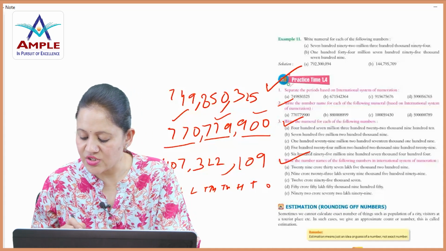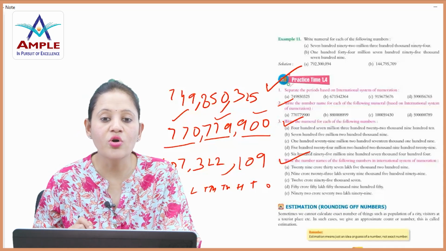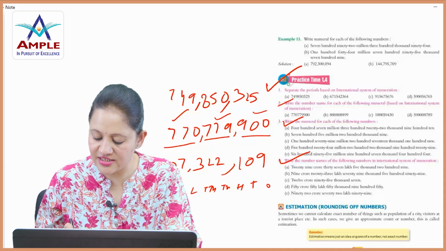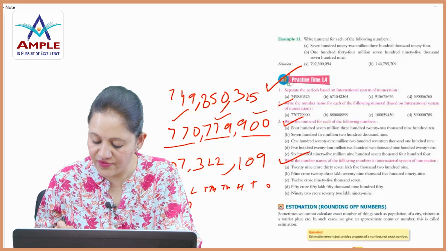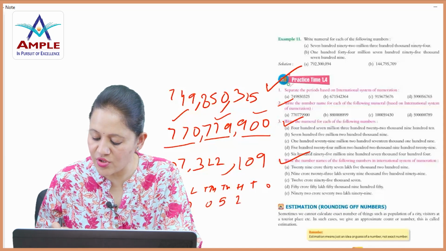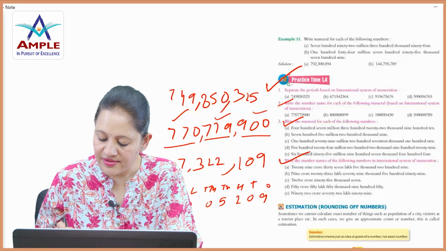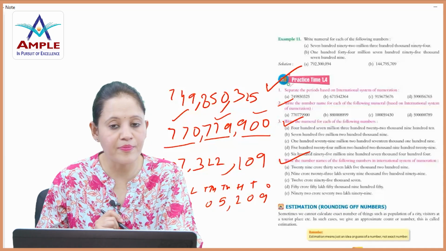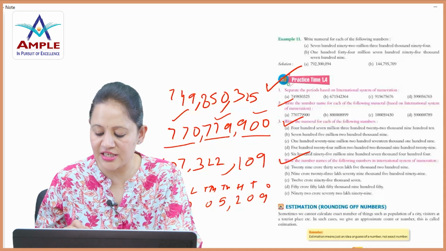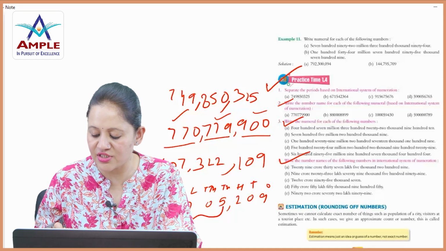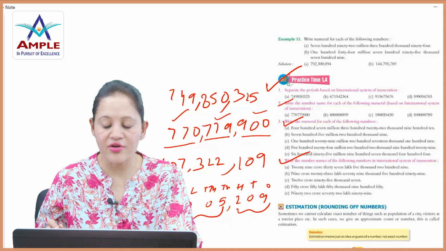In the international system, how will we read it? This is how we'll place the commas according to the international system. So this period is million, 293,705,209. Clear?